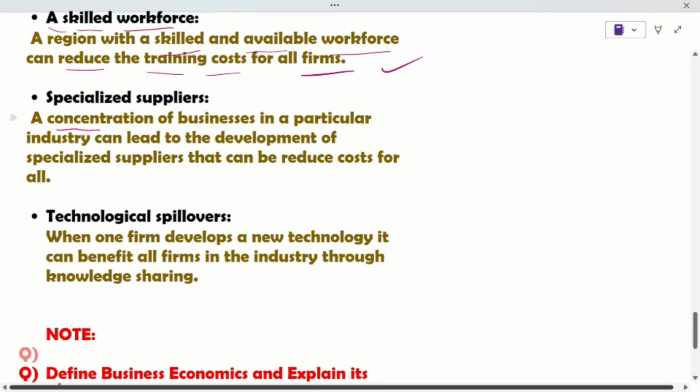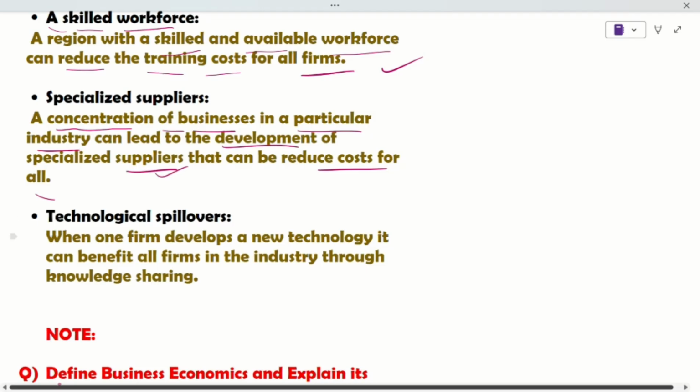A concentration of businesses in a particular industry can lead to the development of specialized suppliers that can reduce cost for all. Here, when you keep a concentration of business, at that time the particular industry or a particular company will develop.